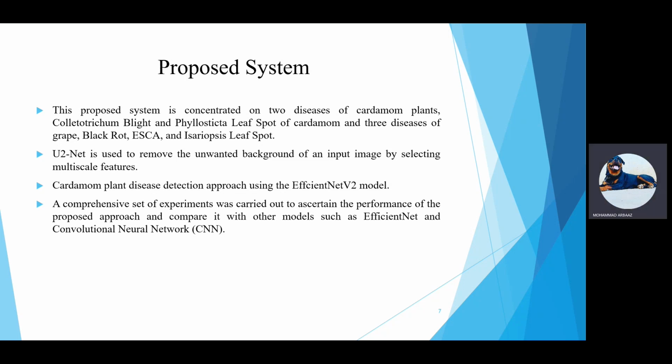Cardamom plant disease detection approach using the EfficientNetV2 model. The EfficientNetV2 model uses several advanced techniques such as scaling and attention mechanism. The idea behind scaling is to balance the depth, width, and resolution of the network to achieve better performance. The attention mechanism helps the model to focus on the most important features.